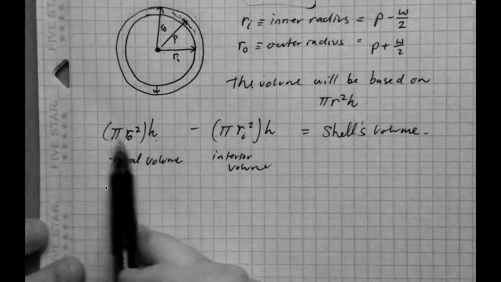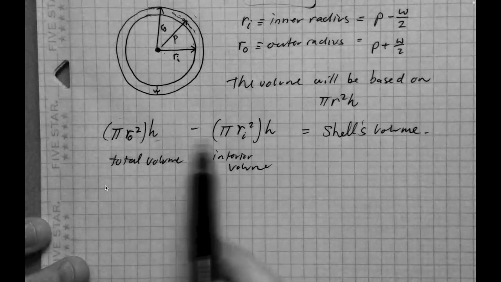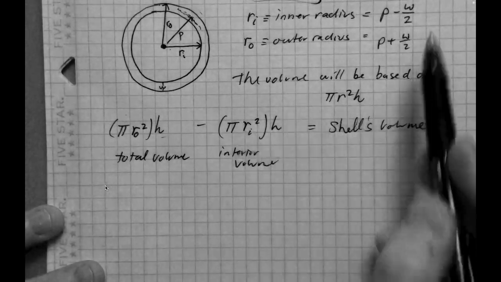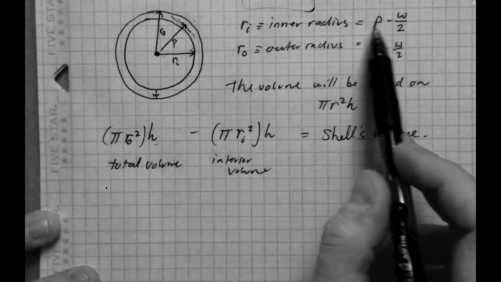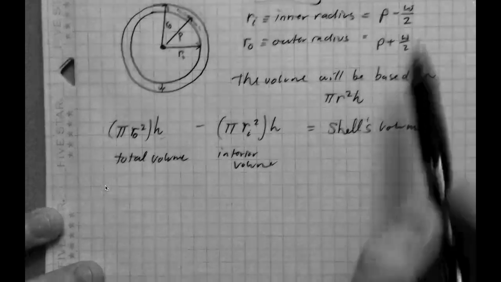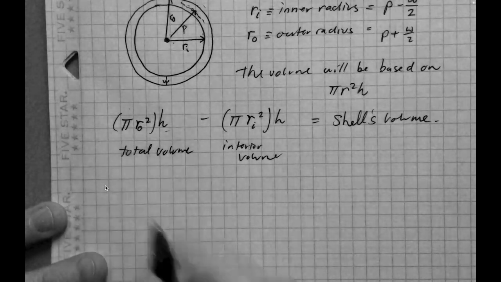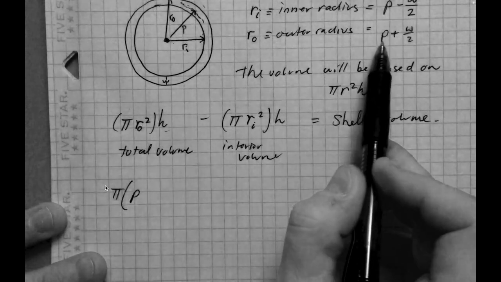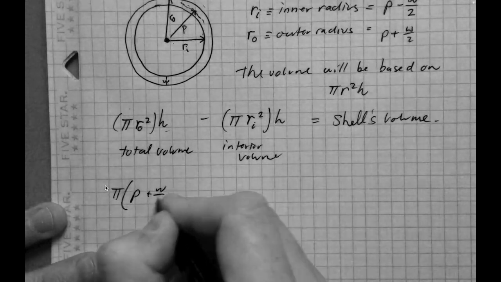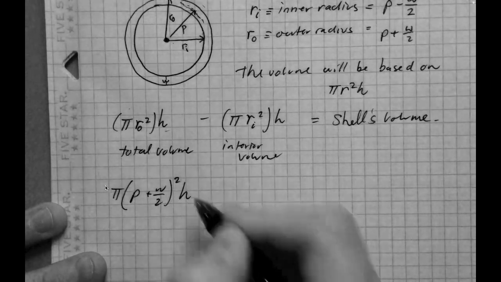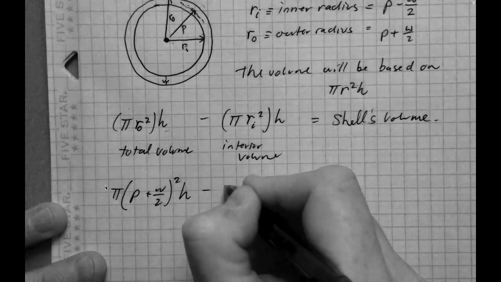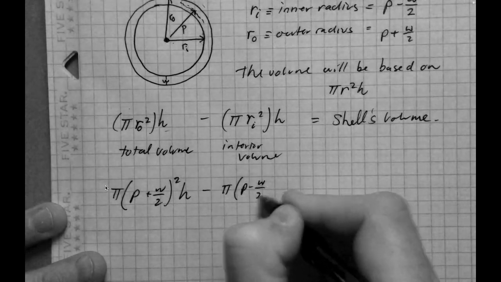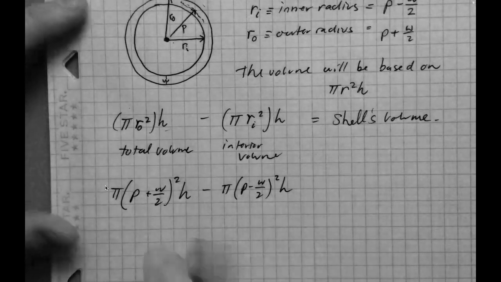Now, let's go ahead and work on this formula here, because this is the basic setup. The outer radius and the inner radius are better expressed using P minus W over 2 and P plus W over 2. So let's rewrite them using that. So pi times the outer radius, which was P plus W over 2, we've got to square that, times the height, minus pi times the inner radius, which is P minus W over 2, square that, times the height in both cases.